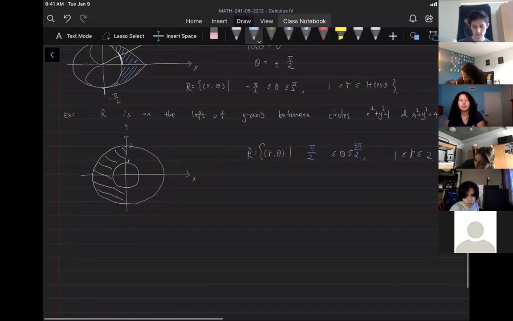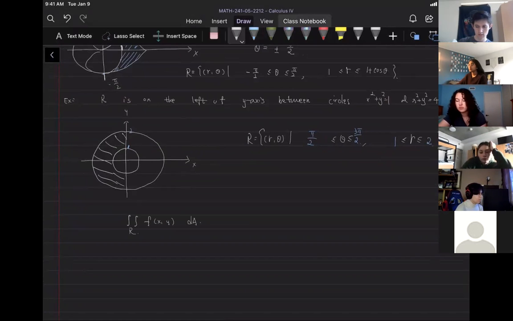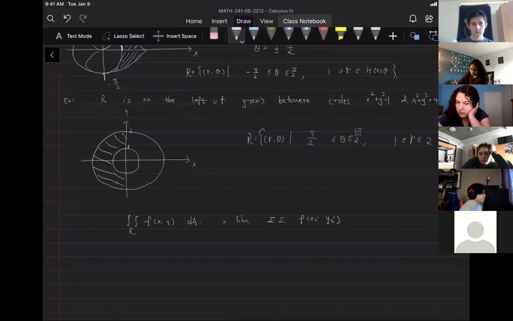Because next we're going to find the area of some polar curves. So let's take a look. Okay, area. Let's think about our double integral. So the double integral is given by this, right? Double integral. Okay, and this actually is the limit sum of f(xi, yi), or xk, yk, doesn't matter, times delta x, delta y.